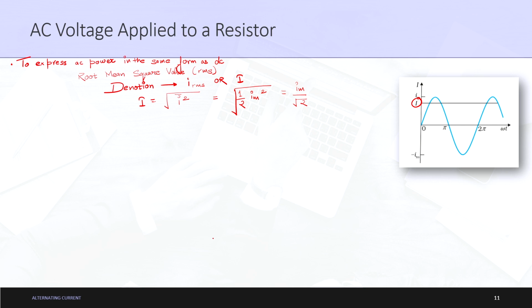Okay. Root mean square value, that is why we divide by 2, and when you calculate it, it is nothing but Im by root 2. Therefore, finally, the root mean square value is a form of value to express this as a DC current. Let us suppose we have an alternating current with an amplitude of I. We want to convert it into a DC source.